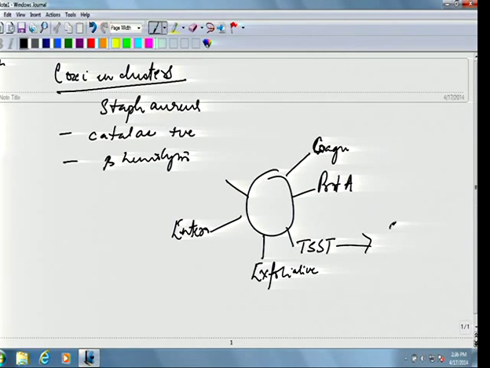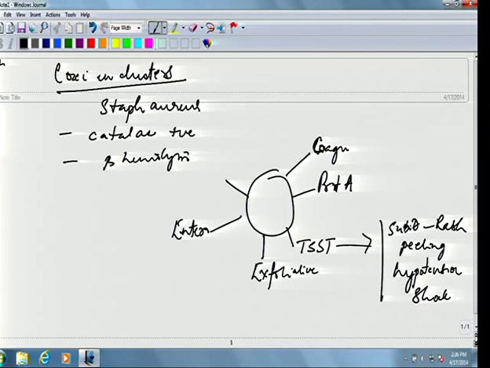So as I told you, sunburn rash, there's a rash, peeling skin, and hypotension, shock. Okay. So if you're given this scenario, you should be immediately able to say, oh, this is probably due to toxic shock syndrome toxin, and then they could probably ask you, what's the action of this toxin?